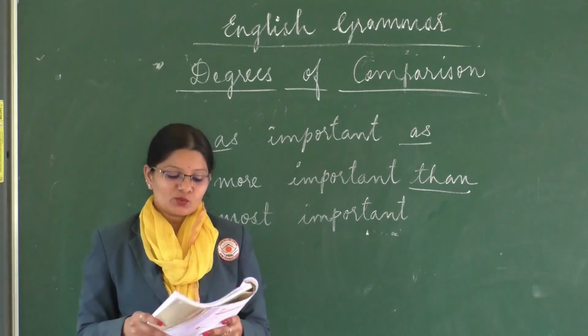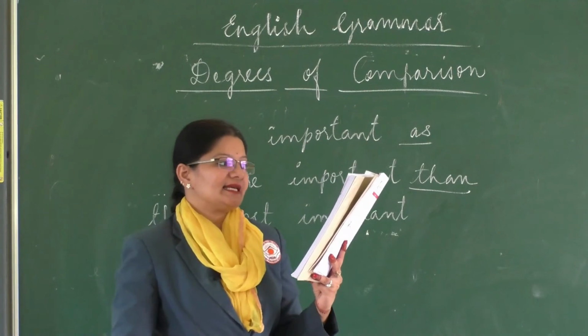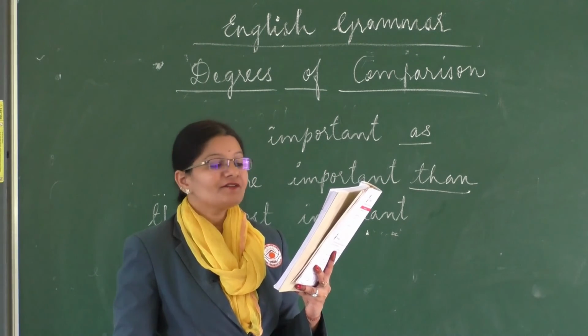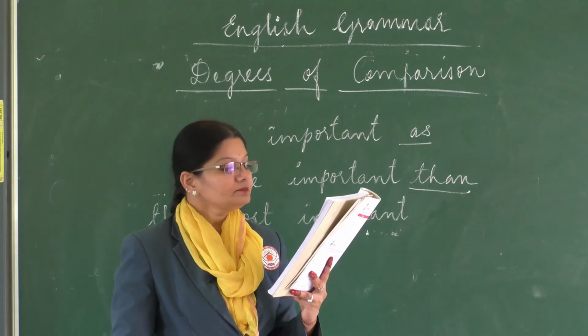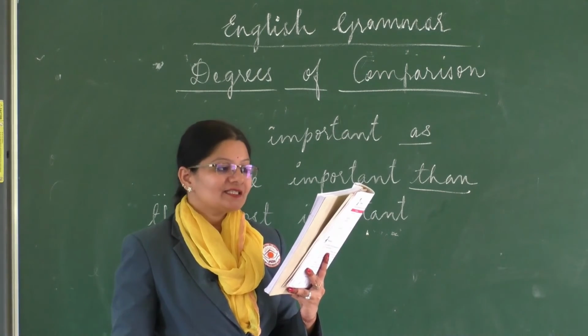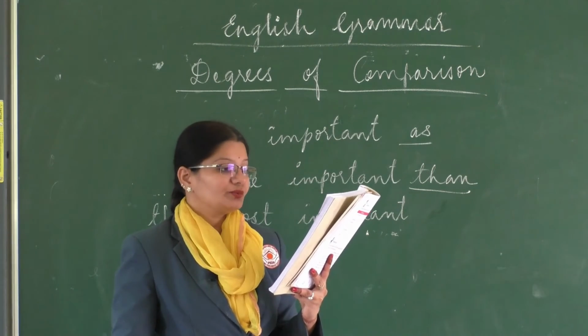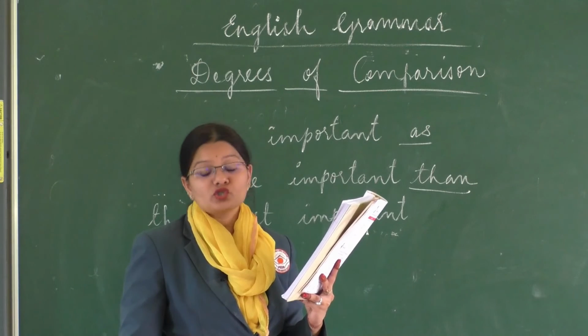Let's move on to the next one. It says each of these sentences contains an error in the use of positive, comparative and superlative adjectives. Identify them and rewrite these sentences. So what would we do? This is best of the 2 songs.